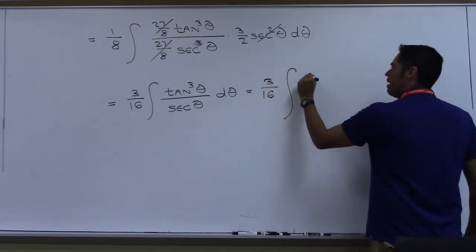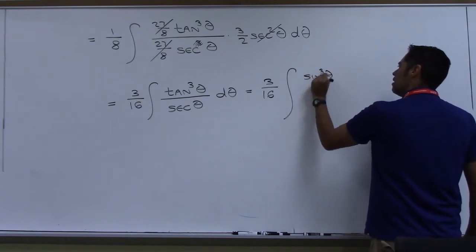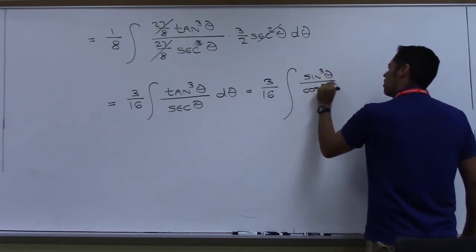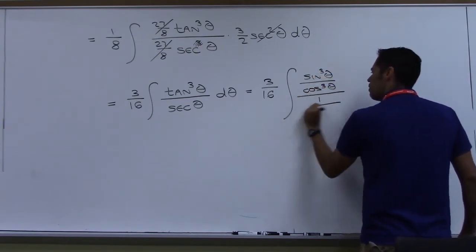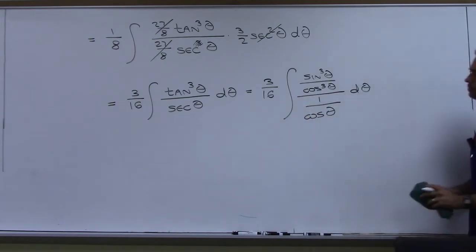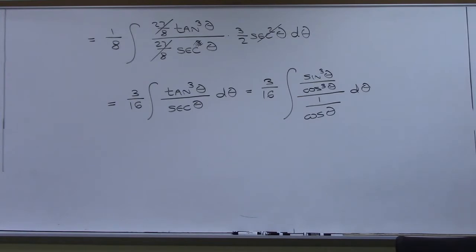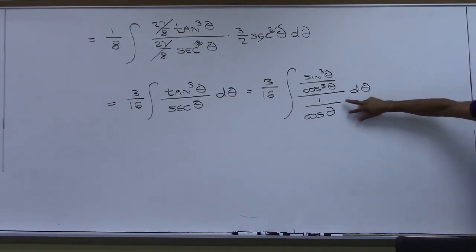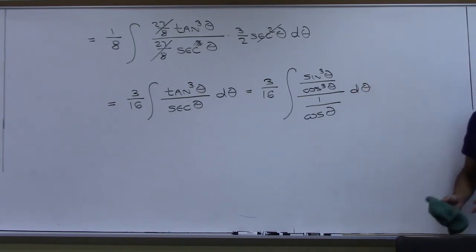So I'll have sine cubed theta over cosine cubed theta over 1 over cosine theta d theta. And then you flip it, and one of the cosines cancels, doesn't it? When you flip this up, one of the cosines cancels.